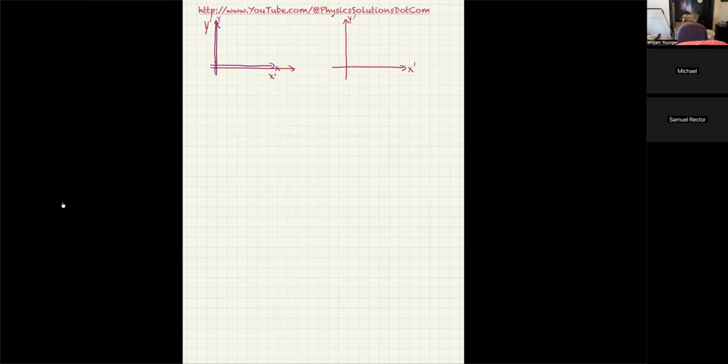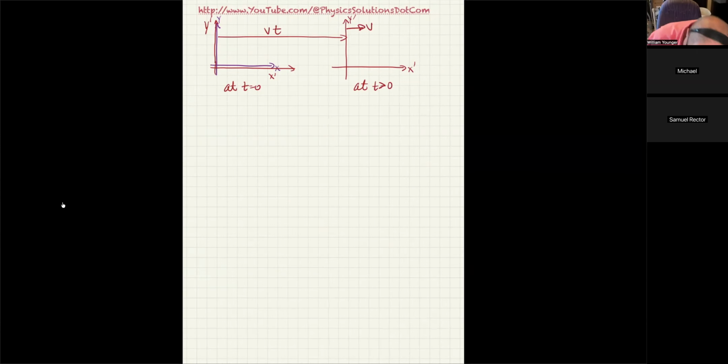And in fact, this is at t equals 0, and this is at t greater than 0. If the velocity that the prime coordinate system is moving with respect to the non-prime coordinate system is v, then this distance traveled here is v times t.